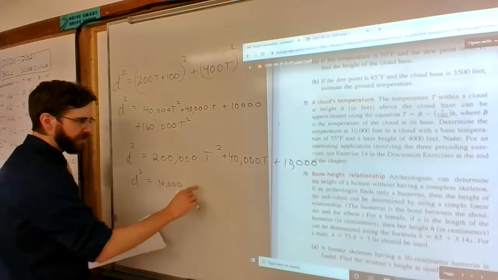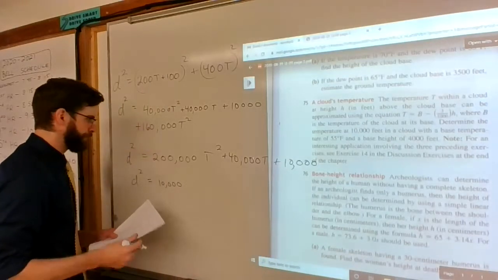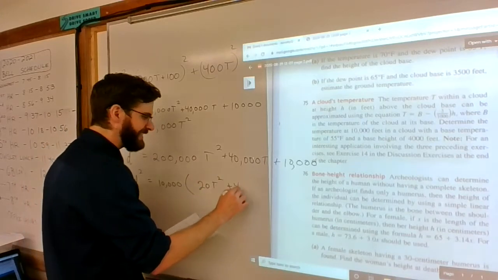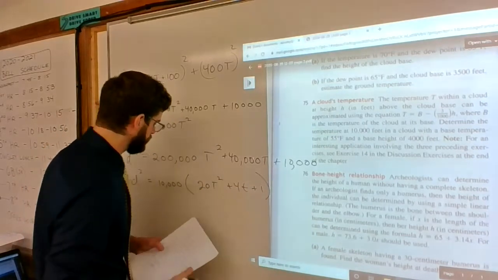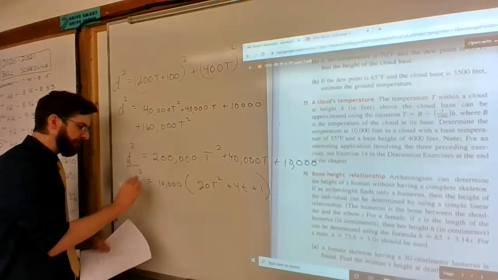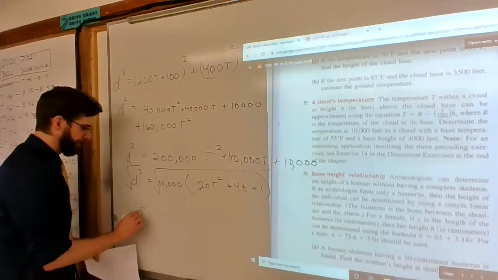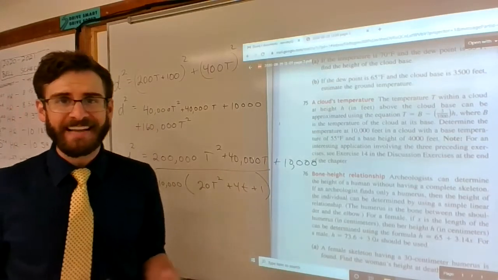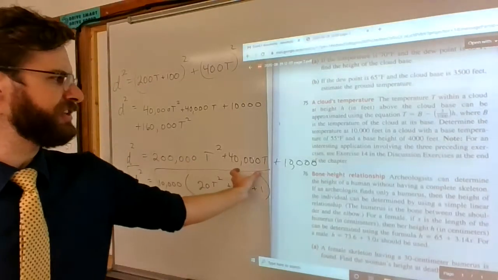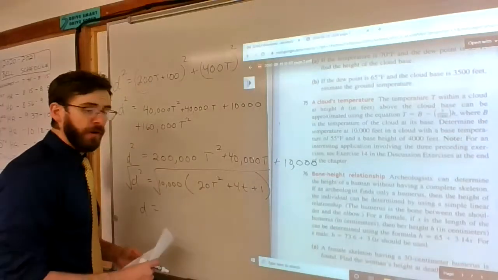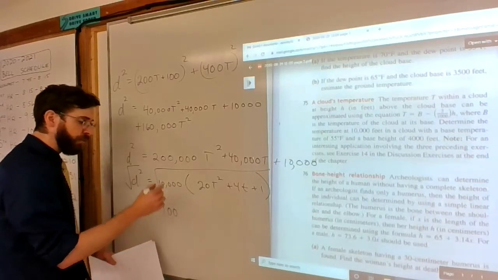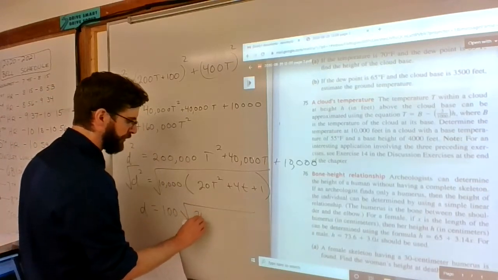I'm going to divide out 10,000 from each part. That gives me 20t squared plus 4t plus 1. Here's the reason why I'm doing that. To get d by itself, we have to square root both sides. The square root of 10,000 is exactly 100. So we can make this a little more elegant by factoring 10,000 out of this. Square rooting both sides means I square root this part, and then I can write the expression of the second part under the root.